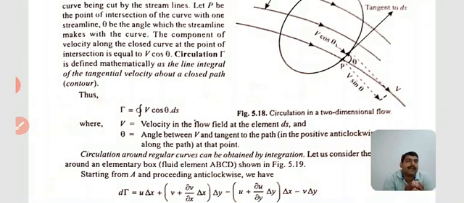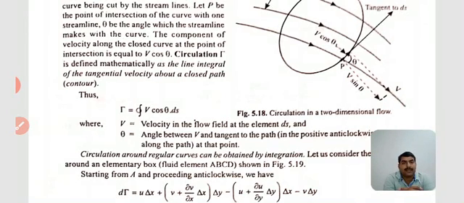Theta is the angle which the streamline makes with the curve, and the component of the velocity along the closed curve at the point of intersection is v cos theta.